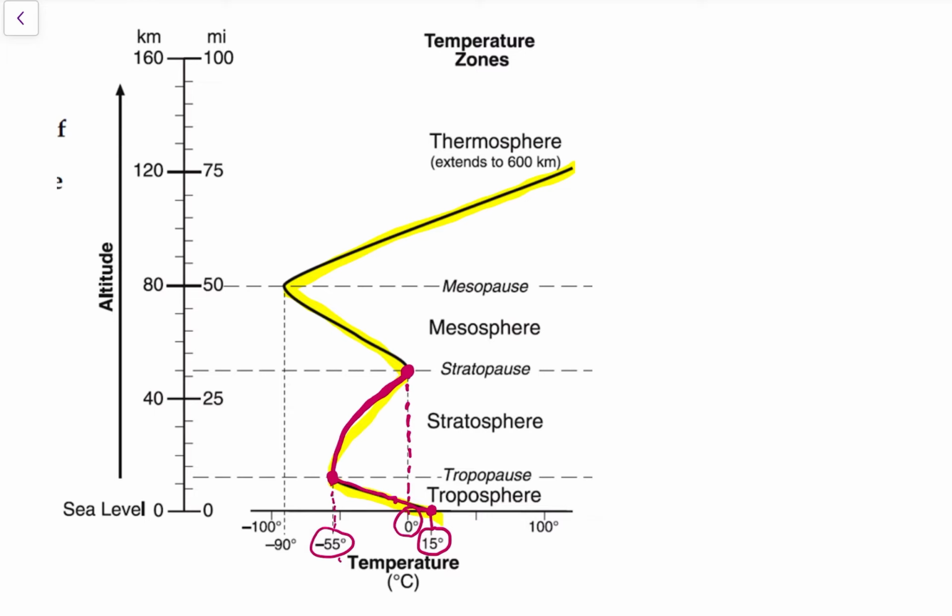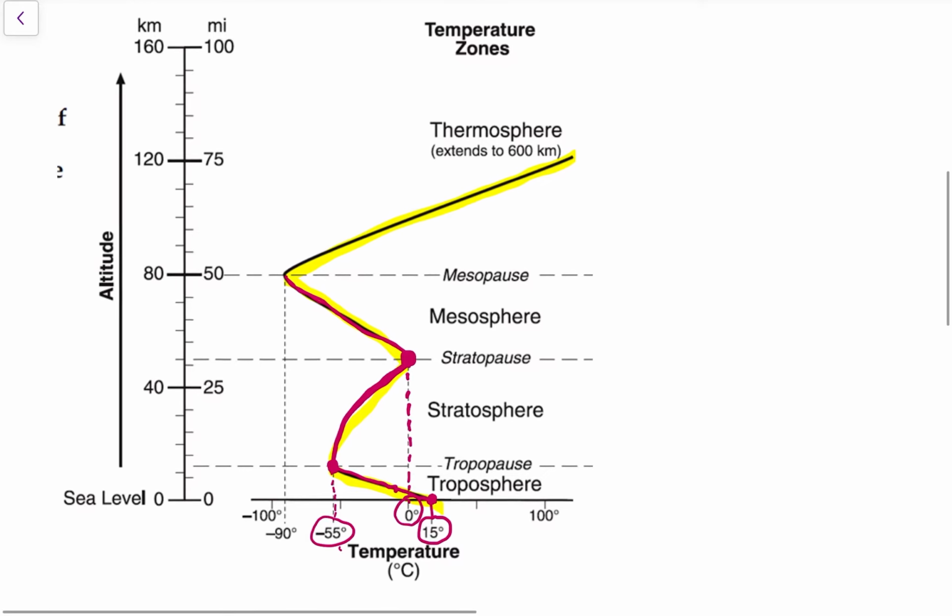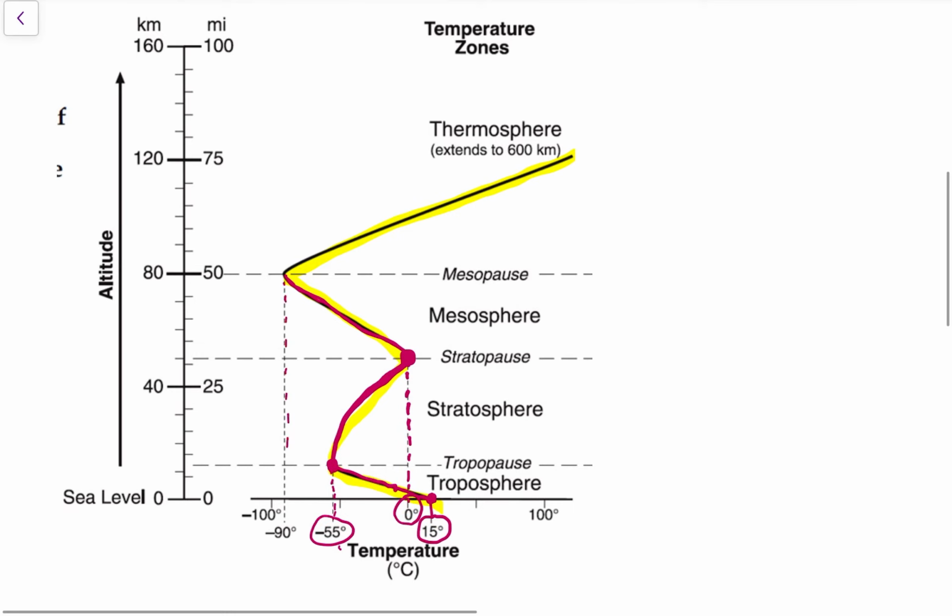I now enter the mesosphere. I can keep following my black temperature line, which goes across. So at the bottom of the mesosphere, where we just were with the stratopause, the temperature is 0 degrees. If I follow the black line, the temperature at the top of the mesosphere, also known as the mesopause, I can follow down and see the temperature here is negative 90 degrees.